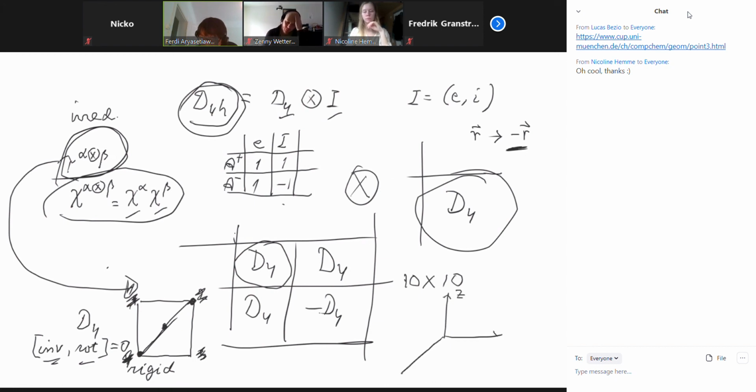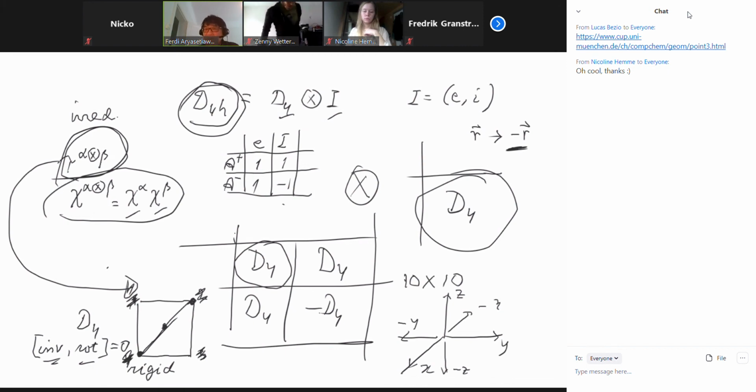Maybe think about the coordinate system. X, Y, Z. Then you make an inversion, and you get a different coordinate system. You have a left-handed and a right-handed coordinate system. They are not equivalent, they are not the same. This new coordinate system, inverted, is different.